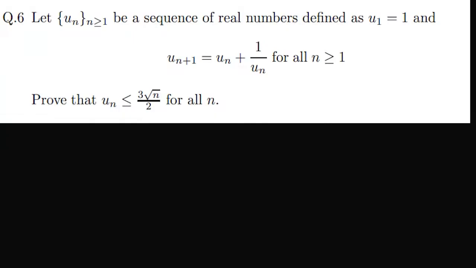Now the sixth question is, we are given the sequence of real numbers defined as u1 is 1, and un plus 1 is un plus 1 upon un for all n greater than or equal to 1.